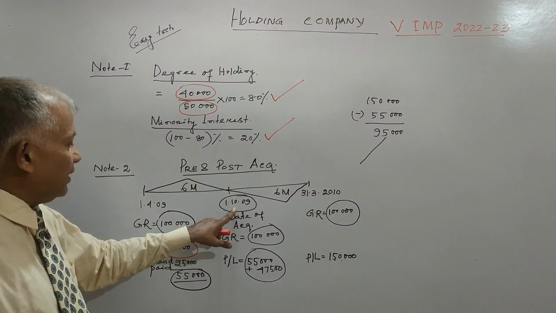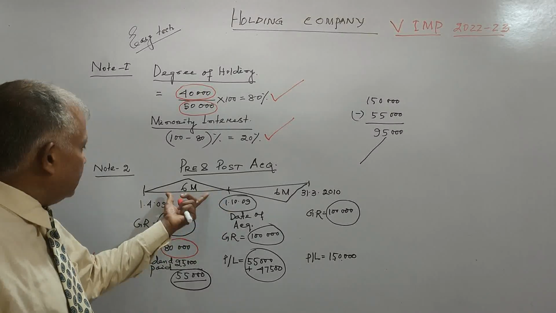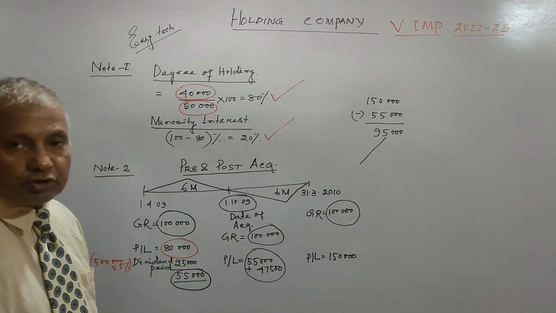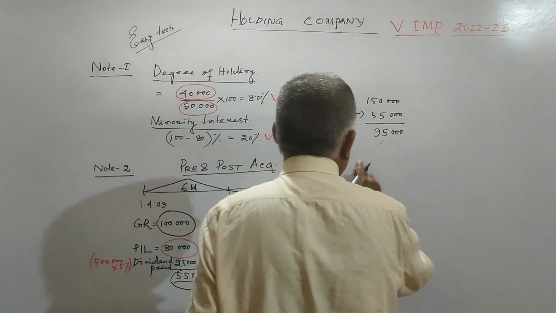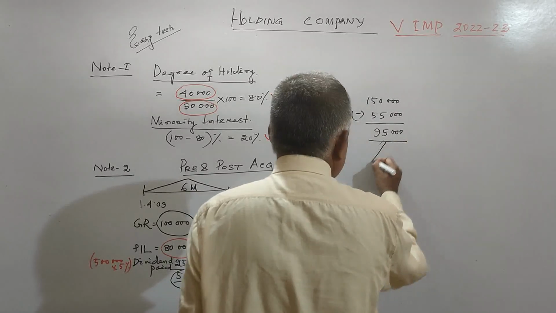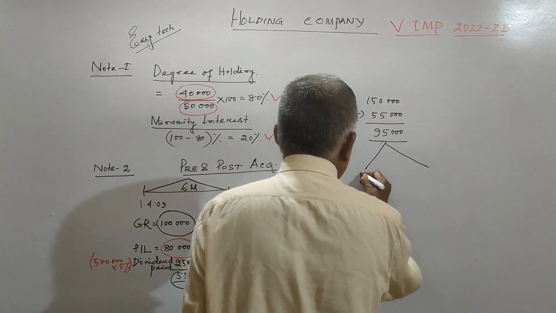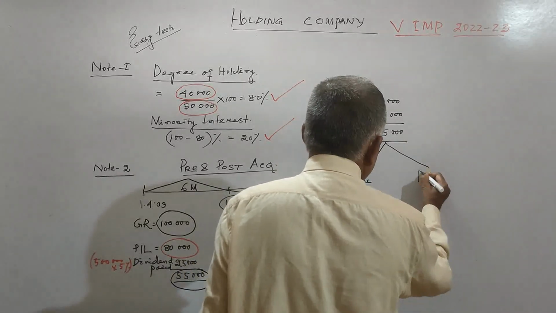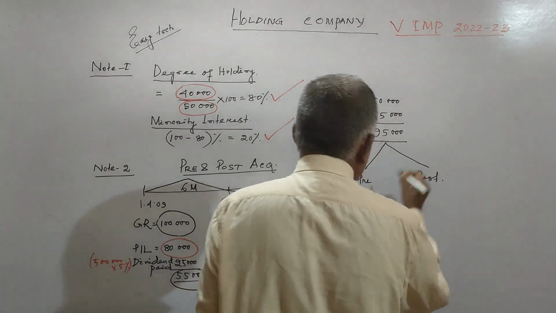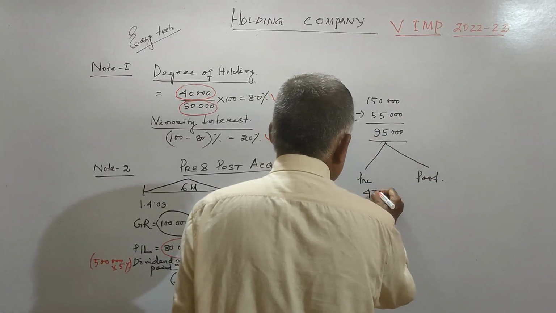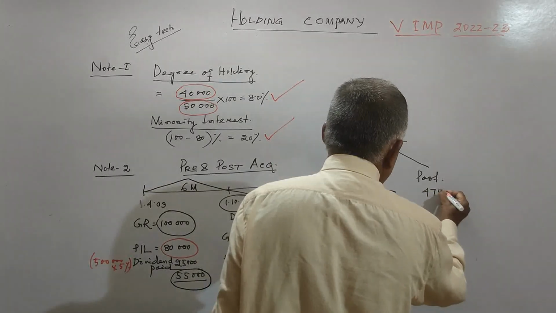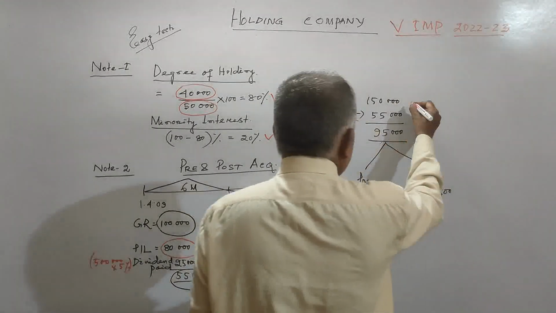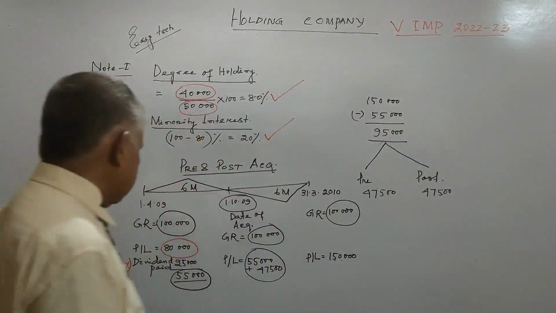Here also 6 months. So this 95,000 profit for the year is divided between pre and post equally. That is 47,500, and here also 47,500. You can make a working note of this.